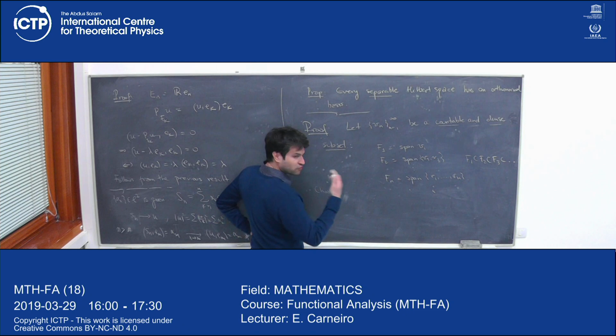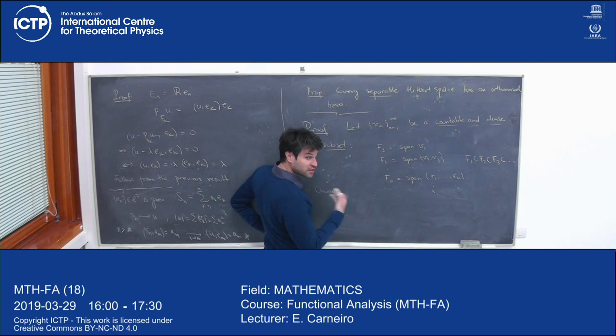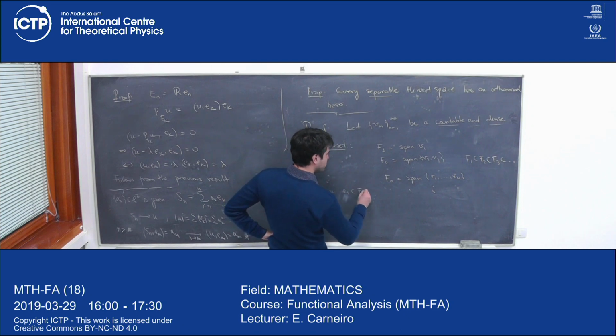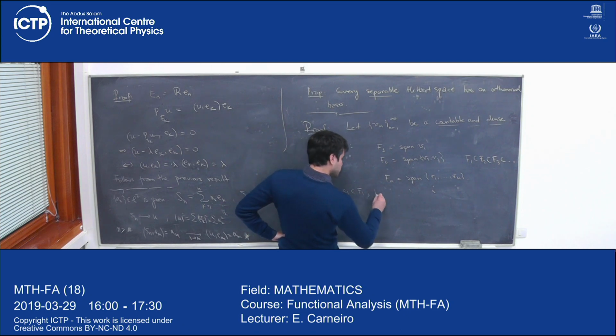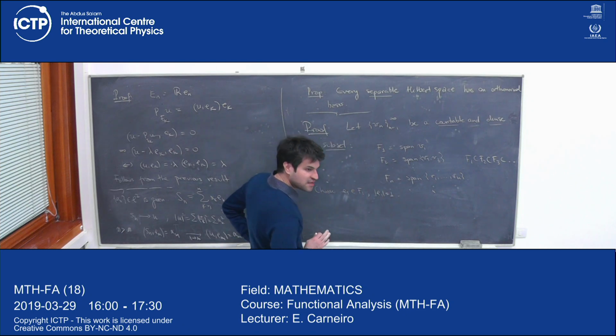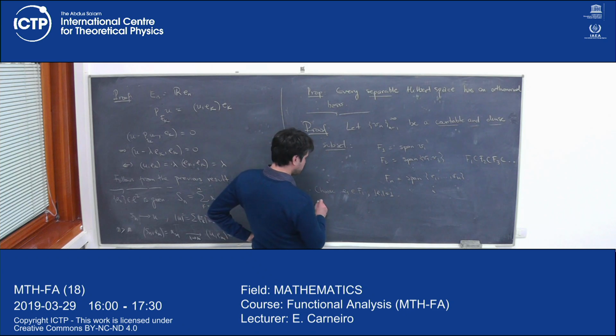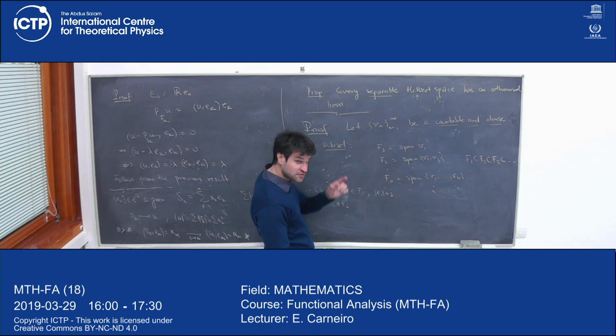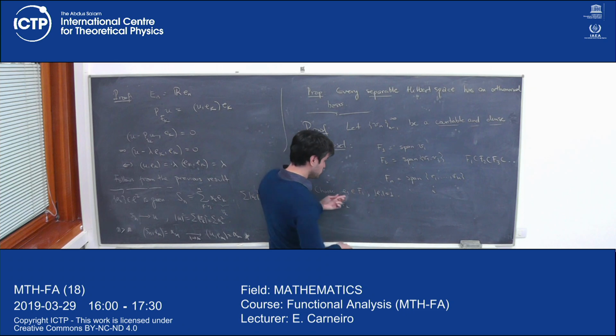And now you go through some sort of algorithm to finish the argument here. So just choose E1 belonging to F1 with norm of E1 equal to 1. This is your first guy in the basis. And then, if F2 is different from F1, this means that you can choose a guy which is orthogonal to E1, right?